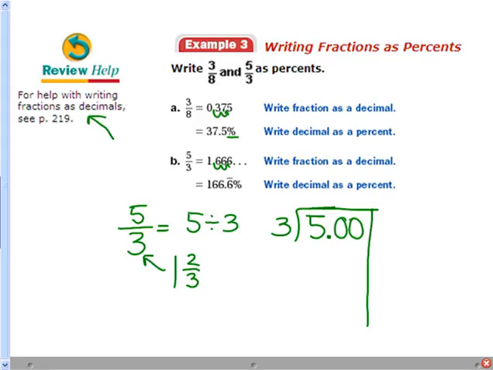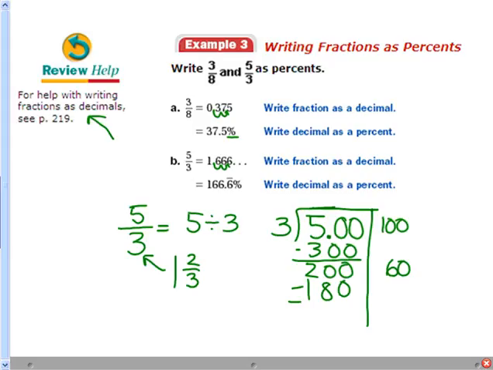For now, I'm going to go ahead and kind of forget about the decimal point and think about how many times 3 would go into 500. Easy thing to do would be just to say, well, 100 times 3 is 300. And I'm going to subtract, and I'll get 200. Now I'm going to use my extended math facts, and I think, let's see, 3 times 60 would be 180.